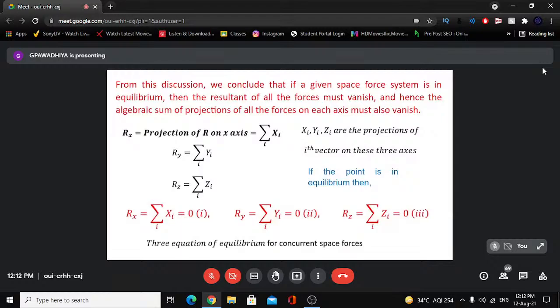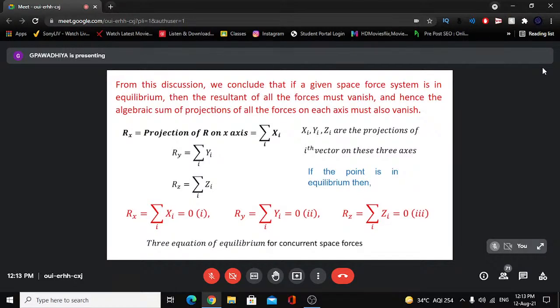And if this is 0, then we get one equilibrium equation: the summation of components of forces along the x direction is 0. For equilibrium, for R to be 0, Rx must be 0. Similarly, we can write sigma Yi equal to 0 and sigma Zi equal to 0. So Rx, Ry, and Rz individually must be 0.